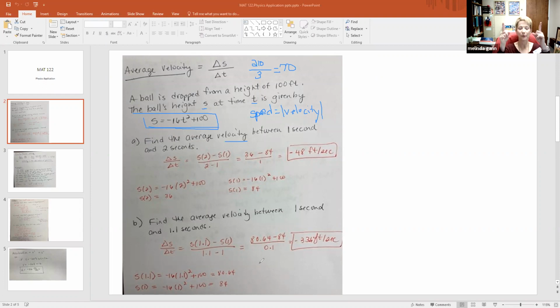So do you understand that I would just narrow the time, like from 2 to 1 to 1 1/10 to 1, or maybe 1.01 to 1, or 1.001 to 1. So if that change in time starts shrinking, my average velocity gets closer and closer to being my instantaneous velocity. All right. So that's why this is going to be true.